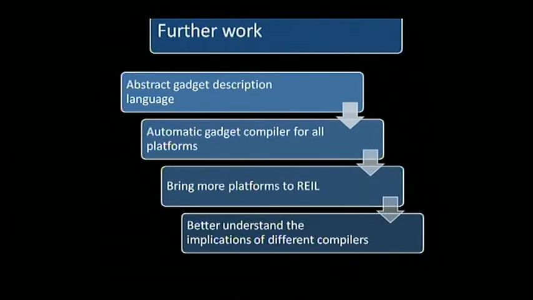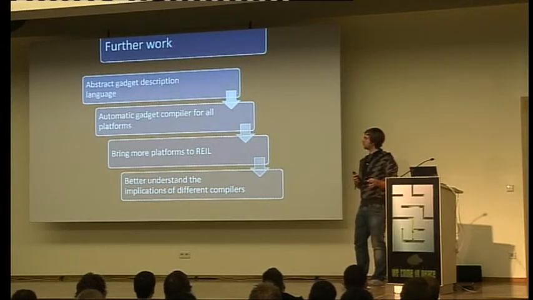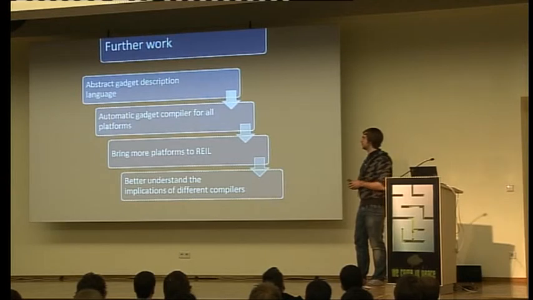An abstract gadget description language and the automatic gadget compiler for all platforms is one of the things that is really not that easy. I've seen the work that Sean Healy and Pablo Sole did for the Immunity Debugger. I really admire the work a lot, but I think for our approach we need something that's even a little more abstract than what they are using.